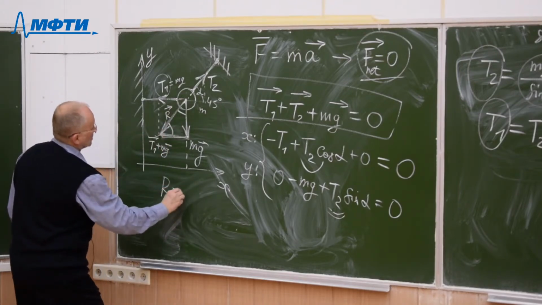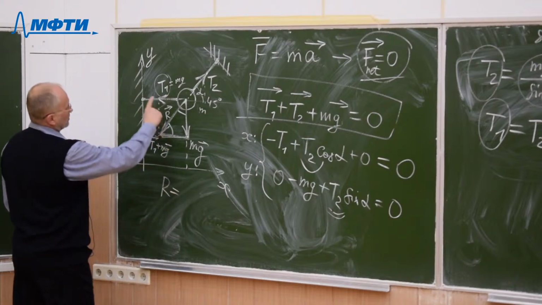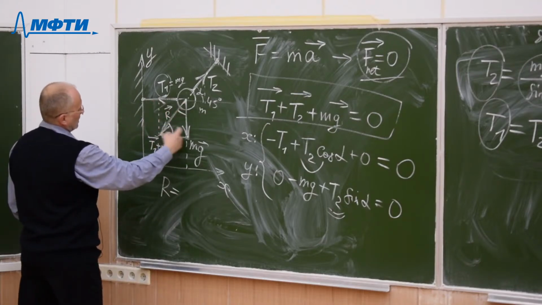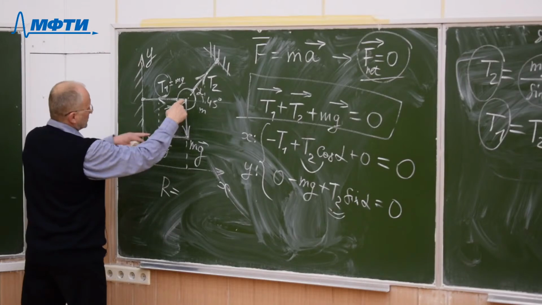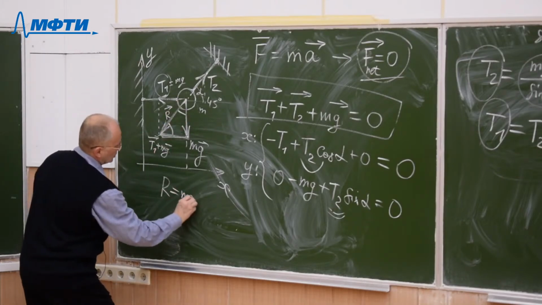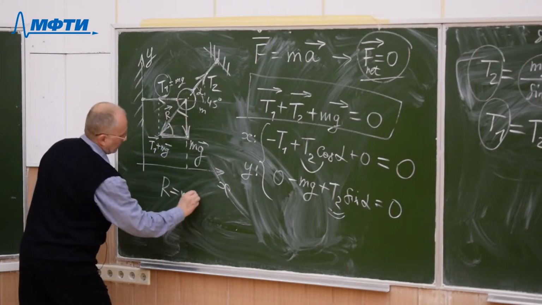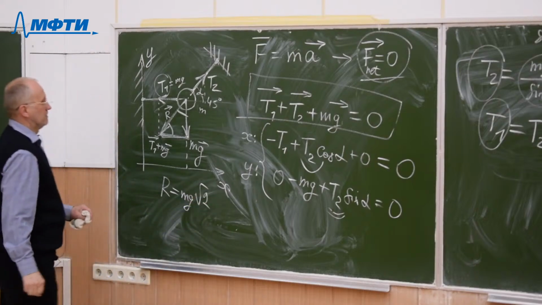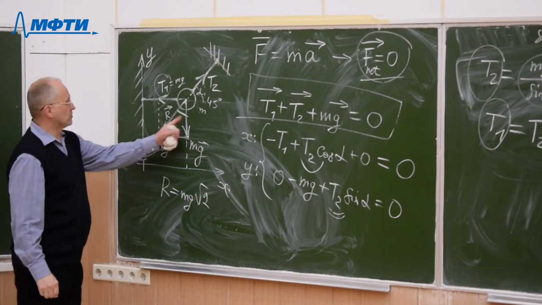R must be equal, not in vector form but in magnitude, to mg square root of 2, if this is 45 degrees.